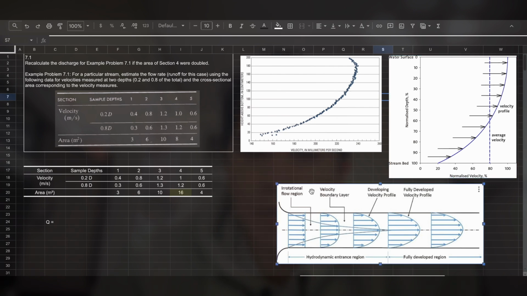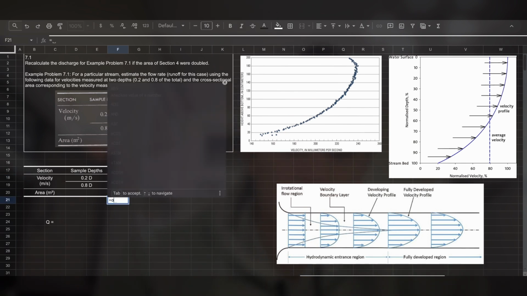These are velocity profiles, but the way you solve this problem is all you need to do is find the average at these two depths at 0.2 and 0.8 of the depth, and then multiply by the area. This will give you a meters per second average. Multiply by square meters, it's going to give you cubic meters per second. That's all you need to do for this problem.